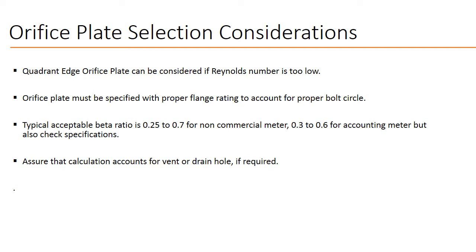And beta ratio is 0.25 to 0.7 for non-commercial and 0.3 to 0.6 for accounting meters. While calculating, we should also take account of the drain hole as well as the vent hole.